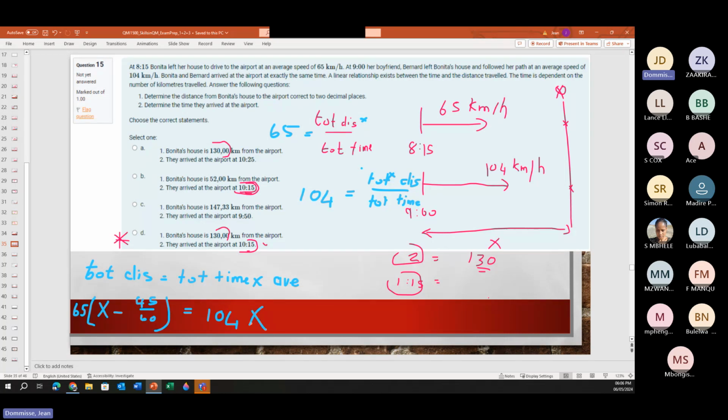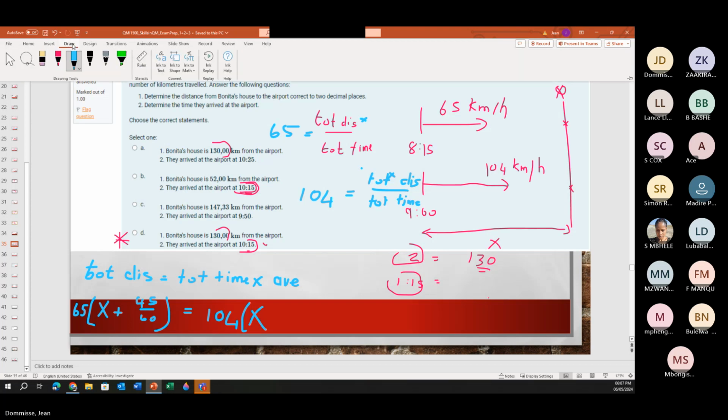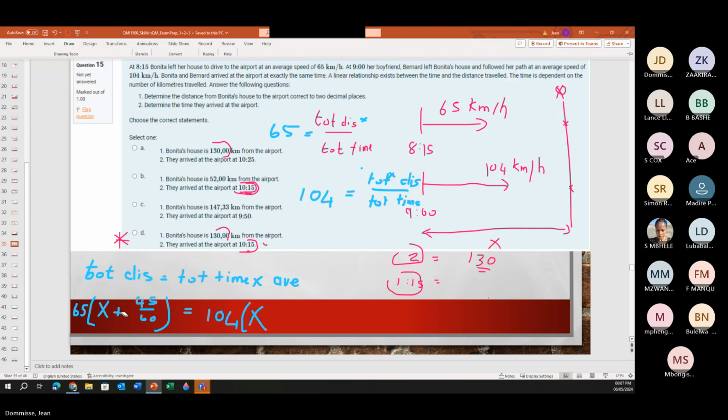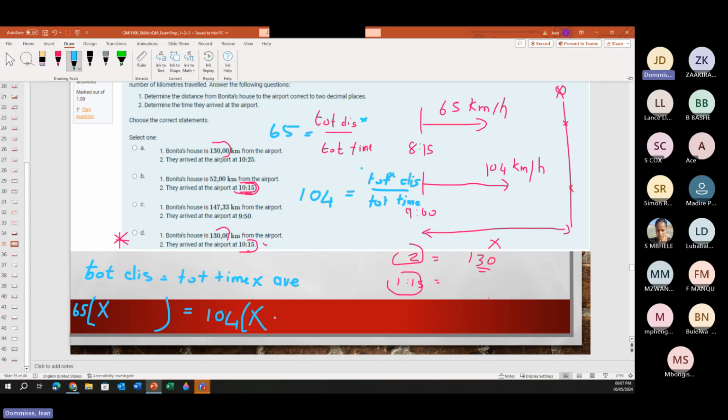So if it takes for one, that takes for the other. Okay, so must that be plus, or must that one be negative? So that is the time. This one is 45 minutes less.